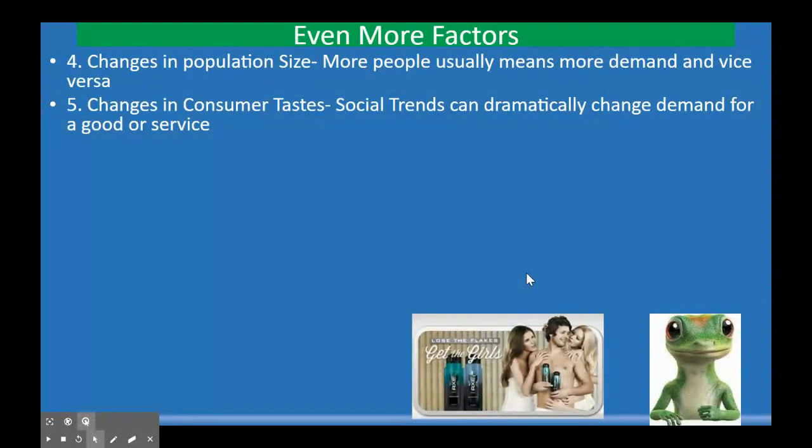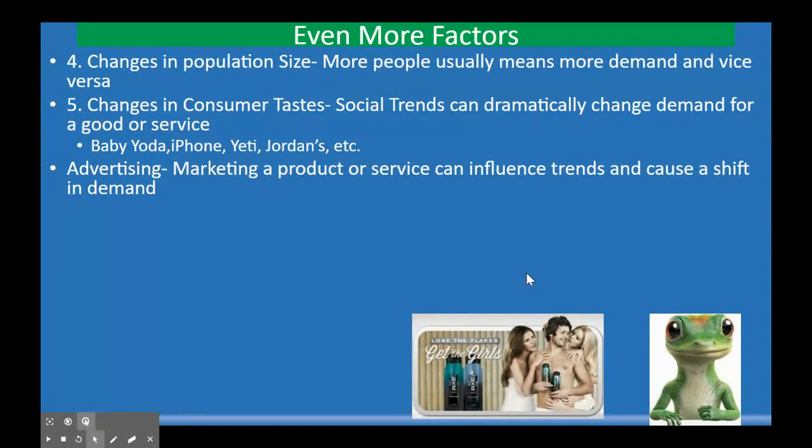Changes in consumer taste. There are social trends that cause people to want to buy things, such as iPhones and iPads and Baby Yoda and Yetis and Jordan basketball shoes. All of those are things that are in high demand, and they are social trends that are changes in consumers' taste.